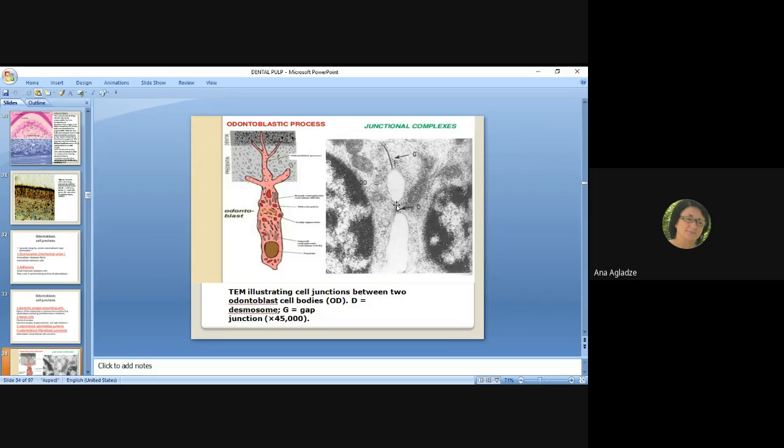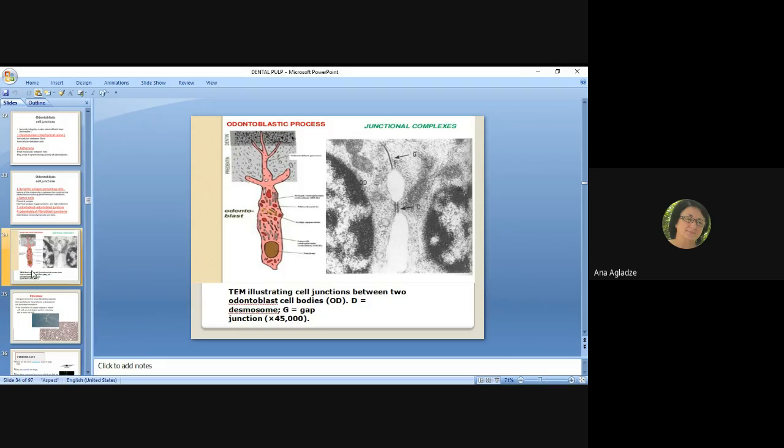These are two odontoblasts, and they have this desmosomal cell junction between two odontoblast bodies, and junctions that completely encircle the cells are not present here. And also there are other junctions such as tight junctions.